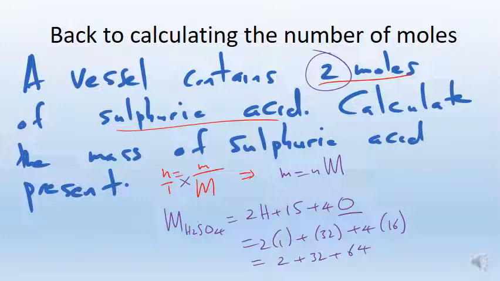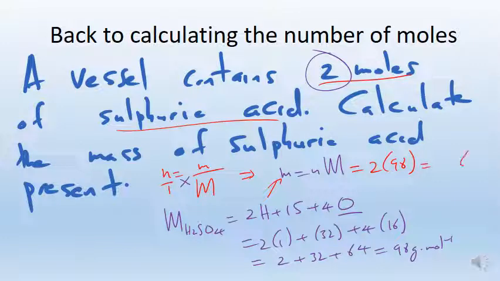So that gives you 34 plus 64, and that should give you a beautiful 98 grams per mole. Is that right? 96, 98. That's perfect. So if you go back to this formula, what are we calculating? We're looking at the mass. The mass is the number of moles times that. So that gives you 2 times 98. What is that going to be?